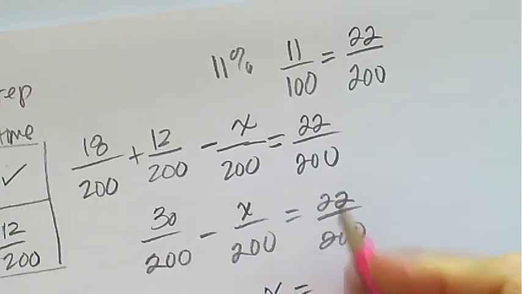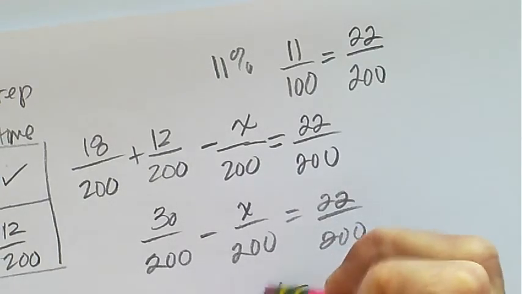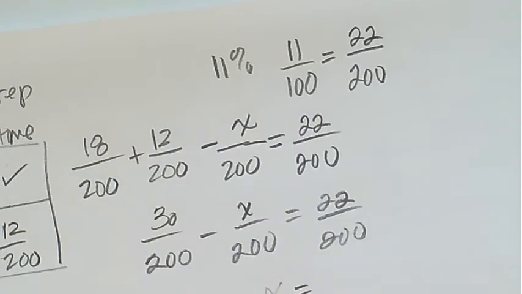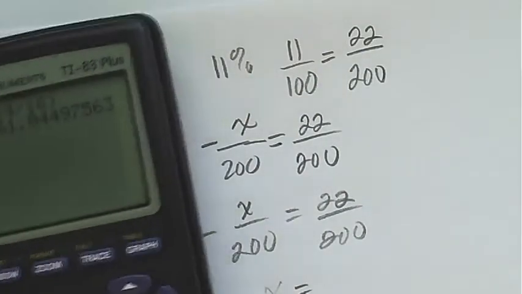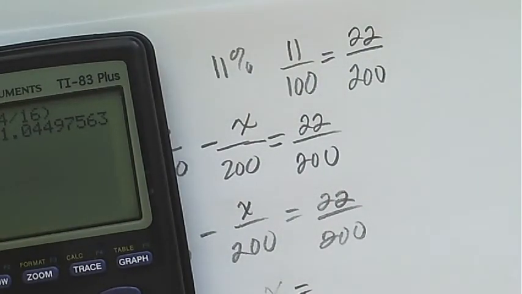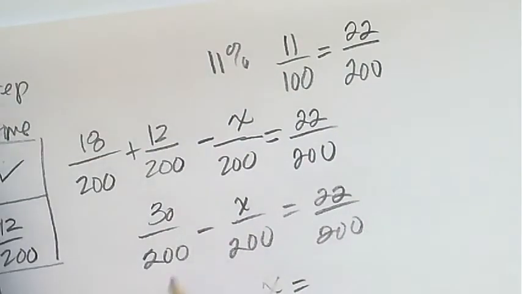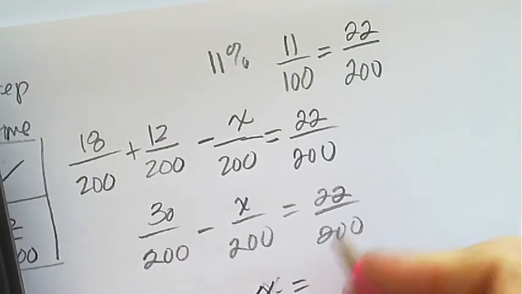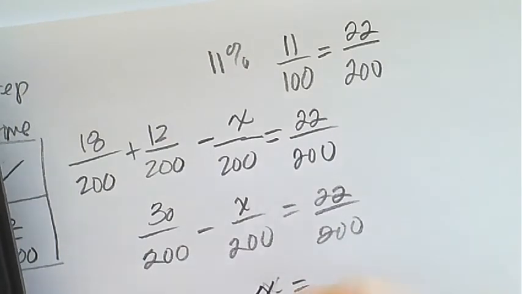So X must be, well, that's going to be a little confusing because it's going to ask you for the percentage. Let's see, let's do 30 over 200. So 0.15 minus X, how many out of 200, equals 0.11, 11%.